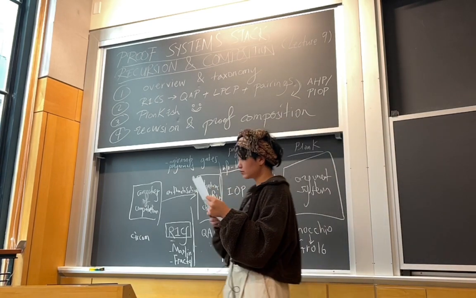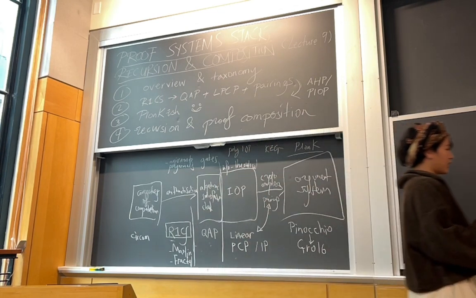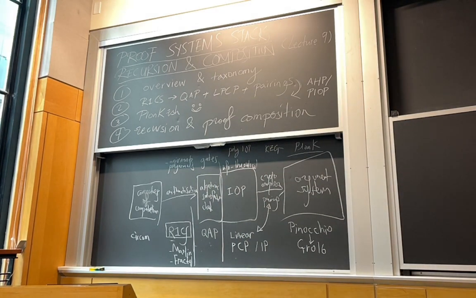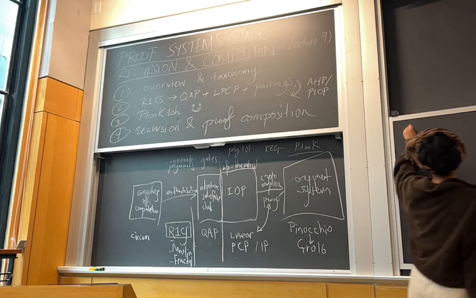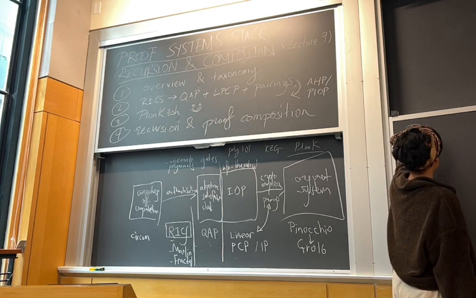Cool. So what we're going to do now is go through an end-to-end example of the proof system Pinocchio. And this is similar to Groth16. Groth16 is an optimized version of Pinocchio.